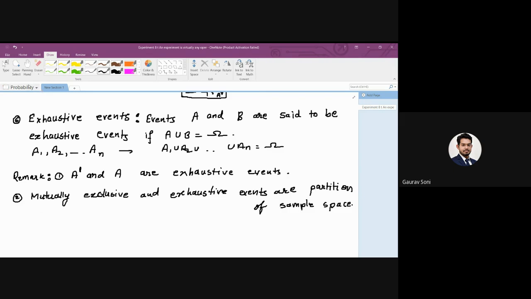Fine, we'll just see some of the set theoretic properties and then go ahead for some examples.